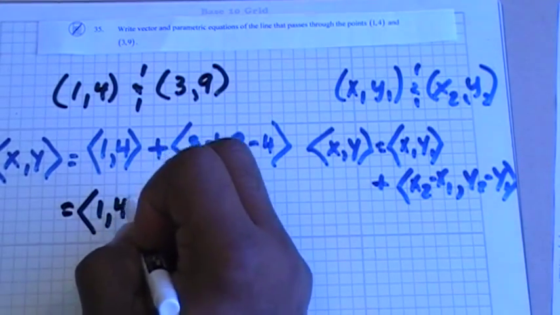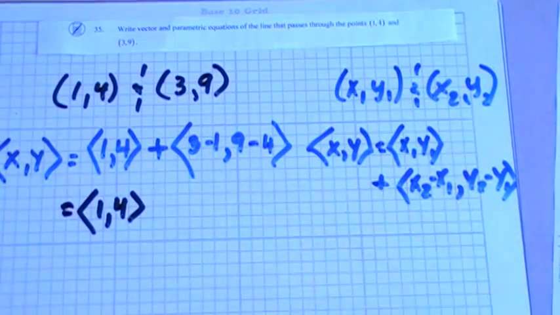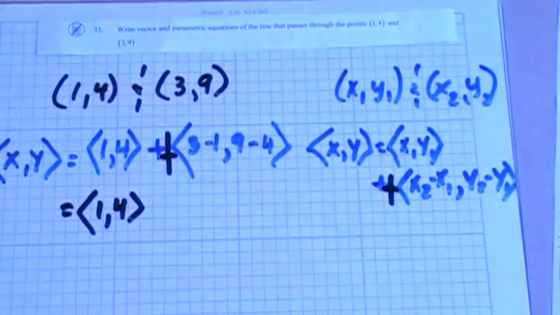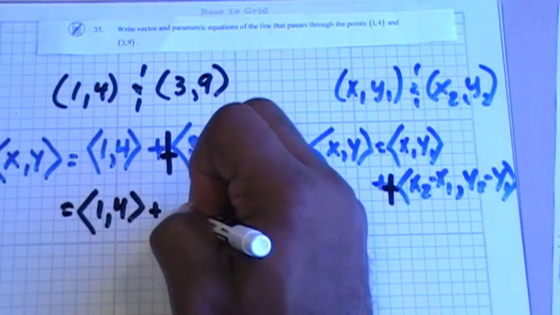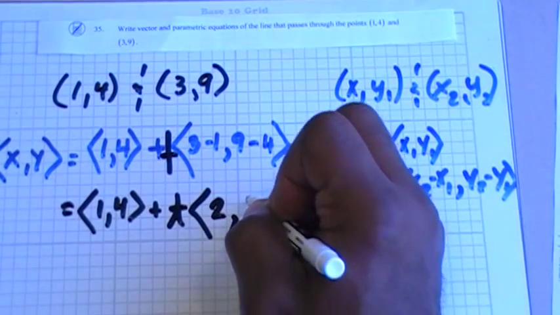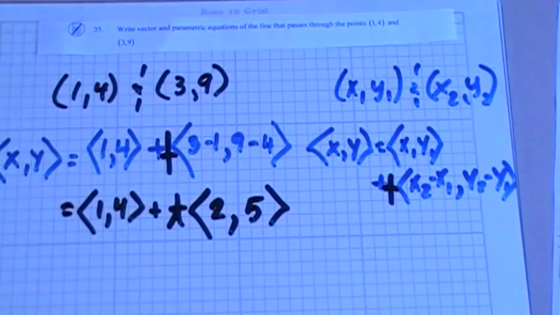Oh, I apologize. There should be a t here. Sorry about that. There should be a t there. So plus t times (2, 5).